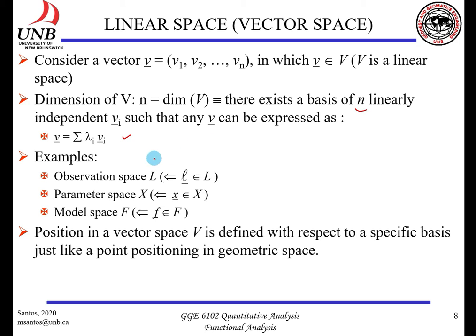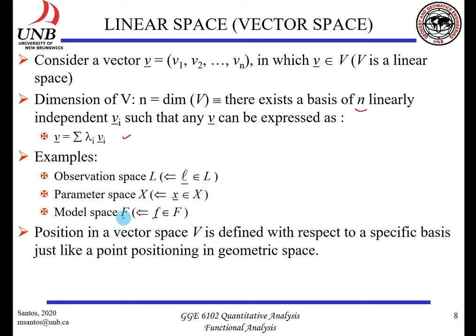Examples of linear spaces or vector spaces: we have the observation space that we are going to call L, which is populated by observation vectors. We have the parameter space, which is populated by parameter vectors.